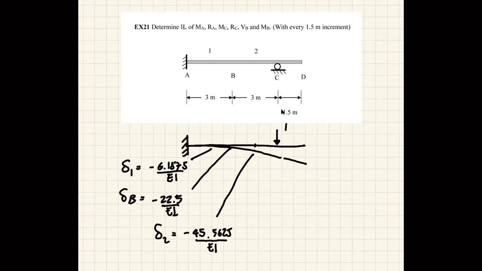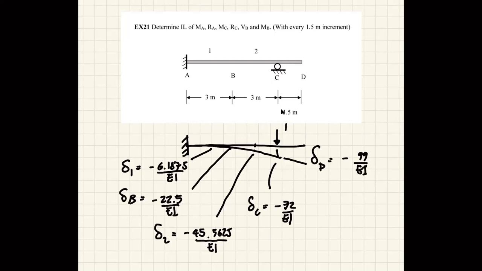Over EI. Delta C is equal to minus 72 over EI. And then delta D is equal to minus 99 over EI.